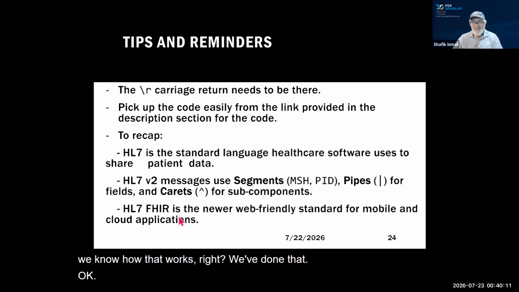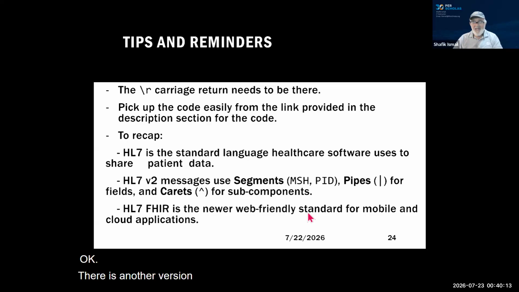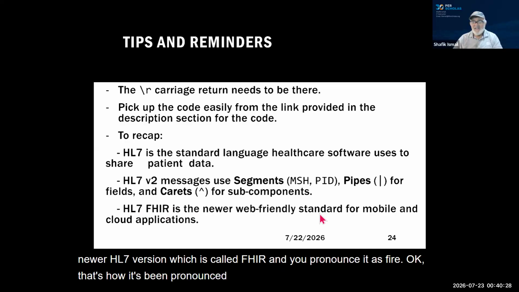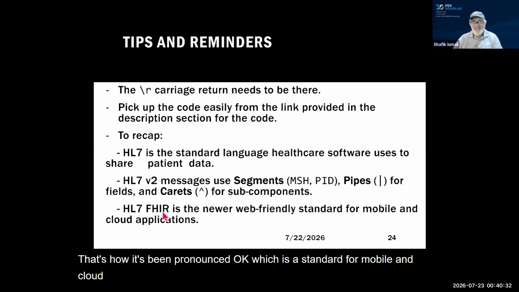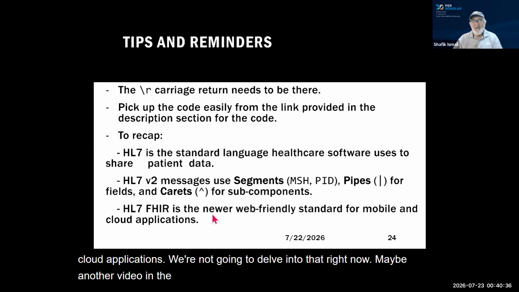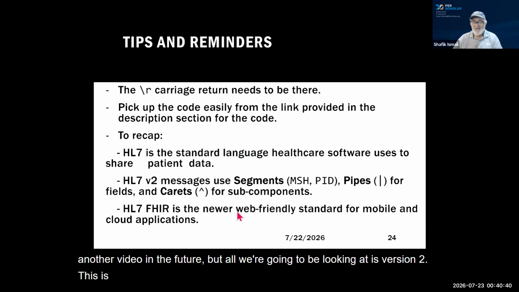There is another version which is a web-friendly standard version, which is a newer HL7 version, which is called FHIR, and you pronounce it as fire, okay? Which is a standard for mobile and cloud applications. We're not going to delve into that right now, maybe another video in the future, but all we're going to be looking at is version 2. This is version 2 that we're using, all right?